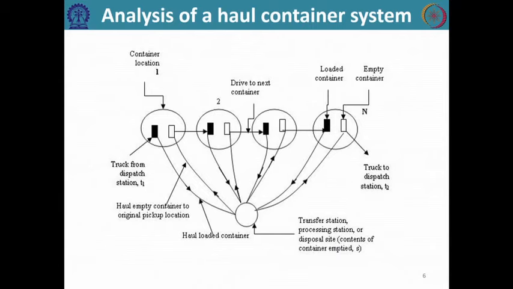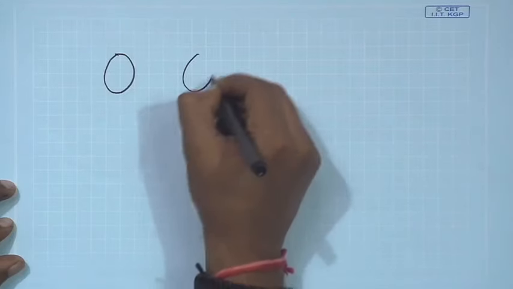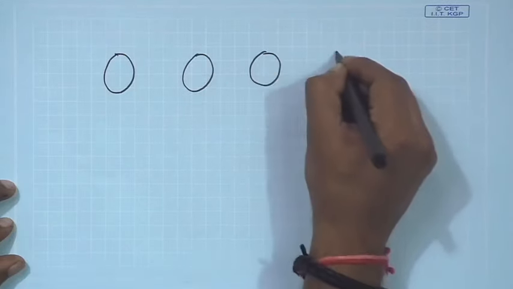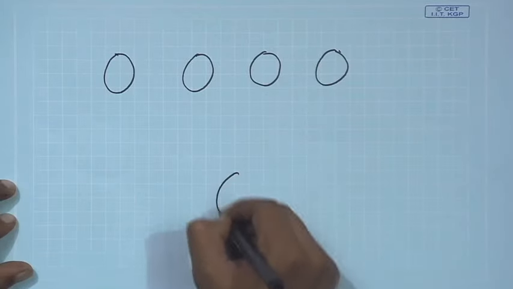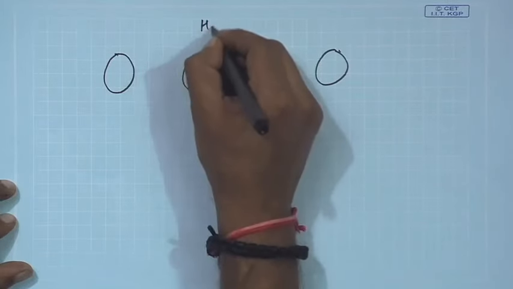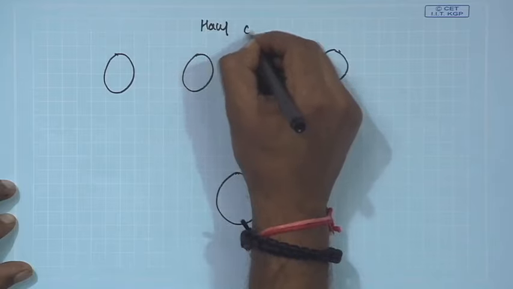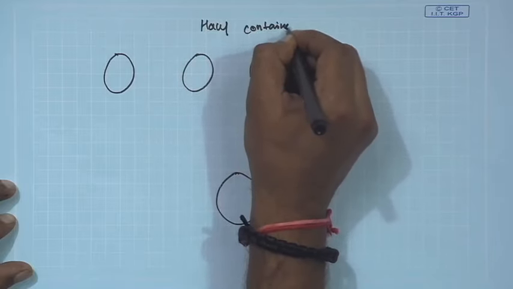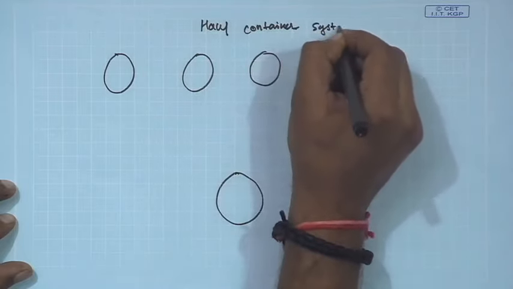So, let us understand what the Hall container system is before solving the numerical, because the numerical involves a lot of formulas that have to be understood. Here you can see that there are a number of container sites like site 1, site 2, site 3, site 4, and there is one transfer station which is manned, because this is the Hall container system.